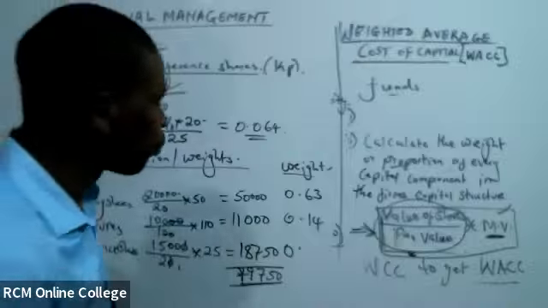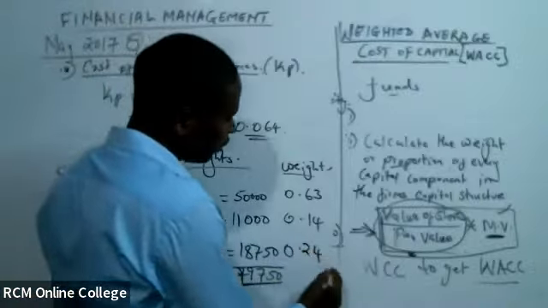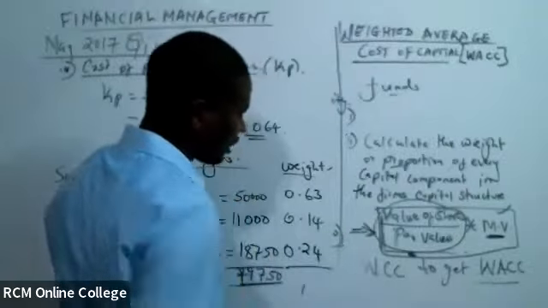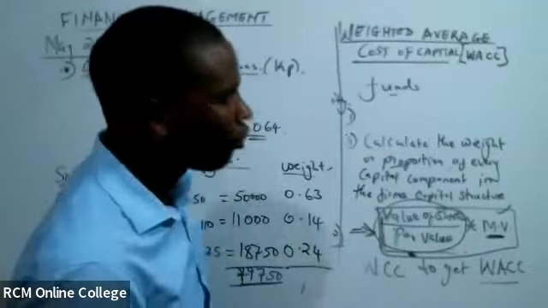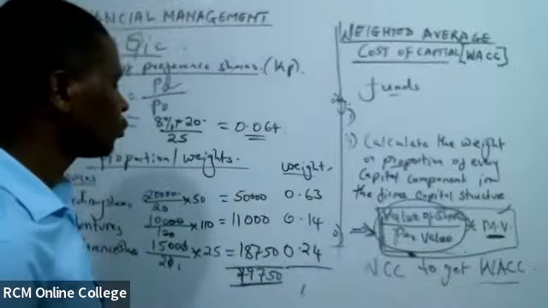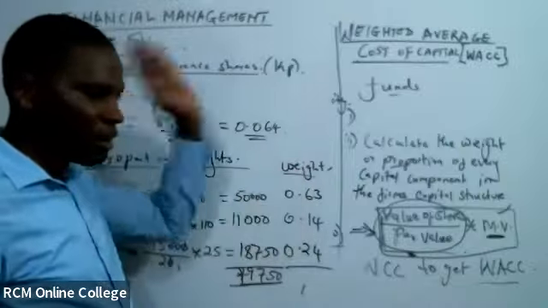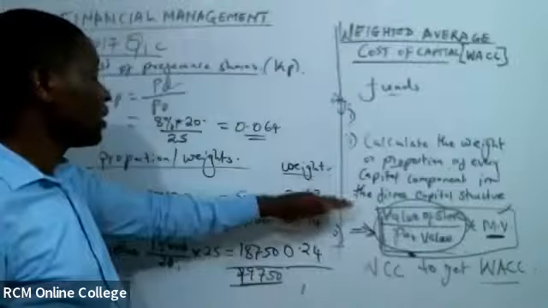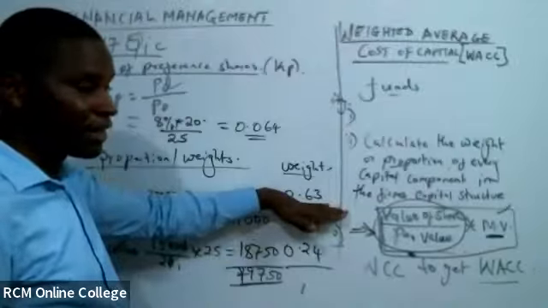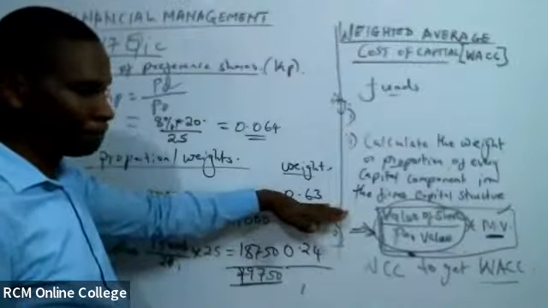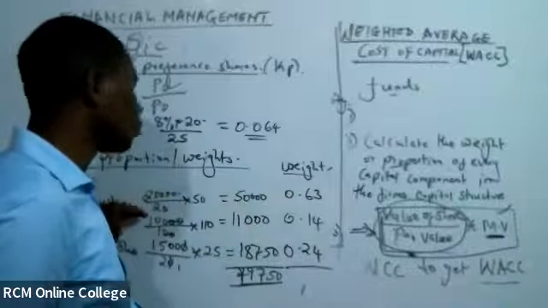Ya mwisho, 0.24. So 0.24 is the proportion or the weight. So inamaanisha kwamba kwa hii kampuni, 63% was from equity or from ordinary share.